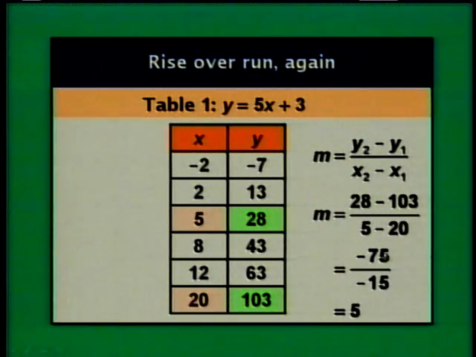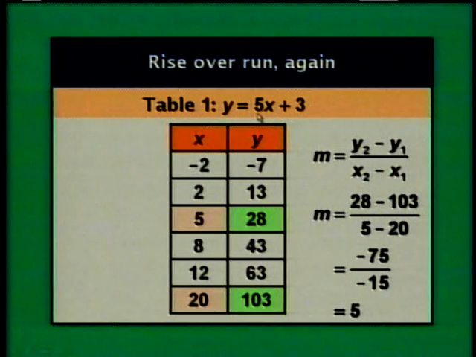That's a rise of -75 over 20 down to 5. That's a run of -15. The rise over run once again gives me 5. So no matter how I look at it, the slope between any two pairs of points, which are solutions to this equation, is going to be 5.